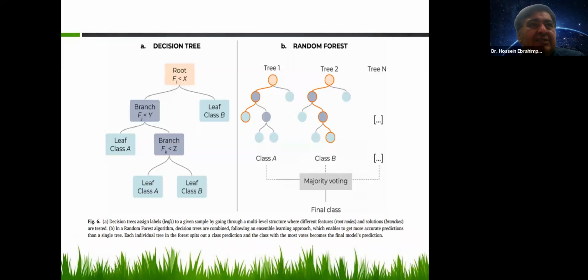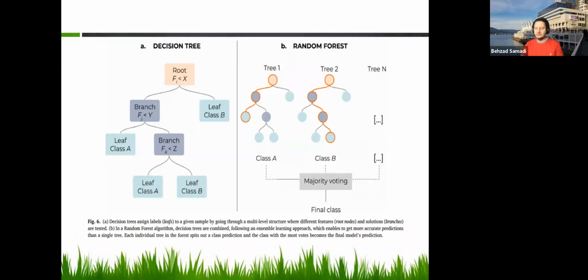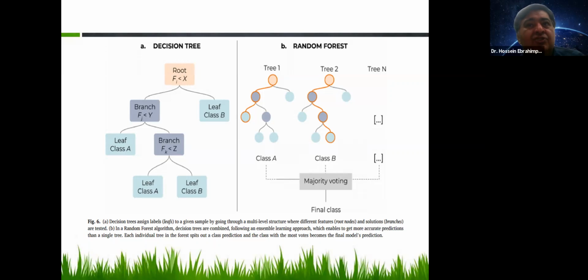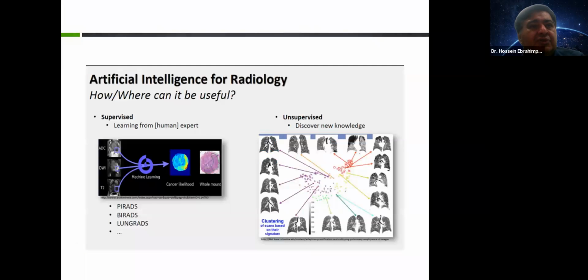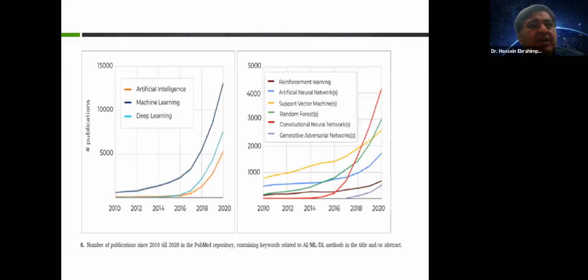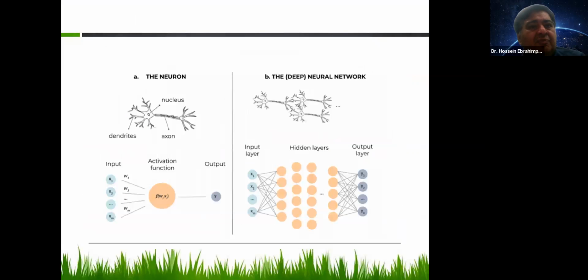For the next session, I want everybody to think about a simple question, as I showed in the previous slides. We have neural networks that have several layers, and each layer can help us get better results.